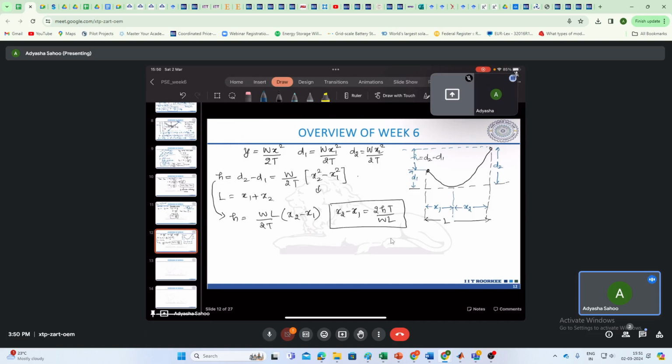And earlier we had seen X2 plus X1 was L. So adding these two we'll get X2 as L by 2 plus HT by WL, and X1 will be L by 2 minus HT by WL.